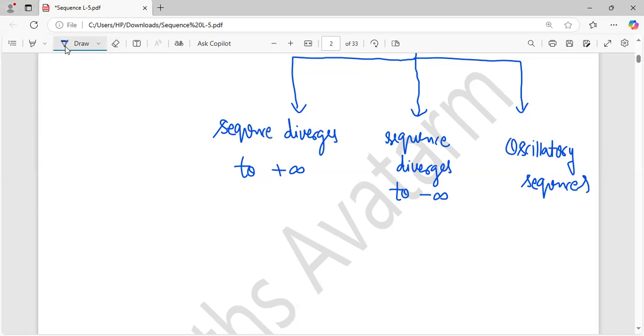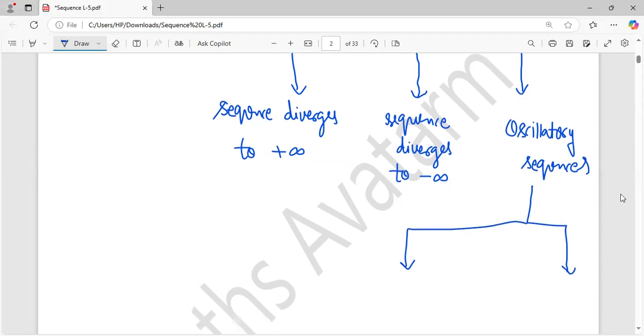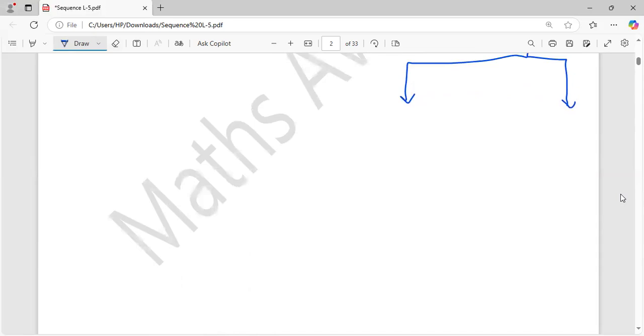Now, oscillatory sequences are of two types: bounded, oscillates finitely, and oscillates infinitely.